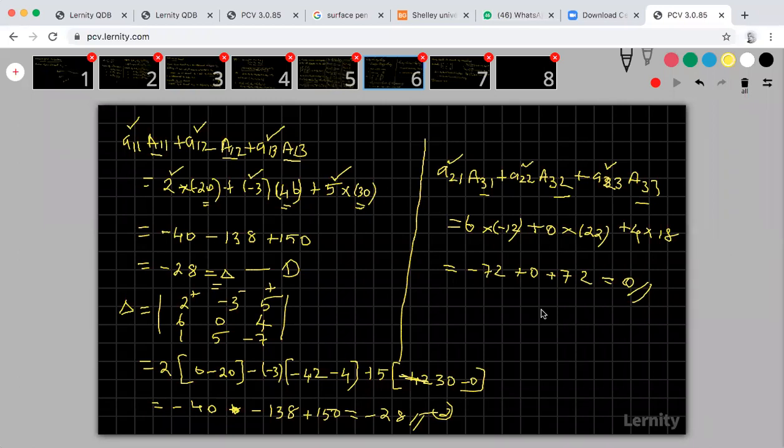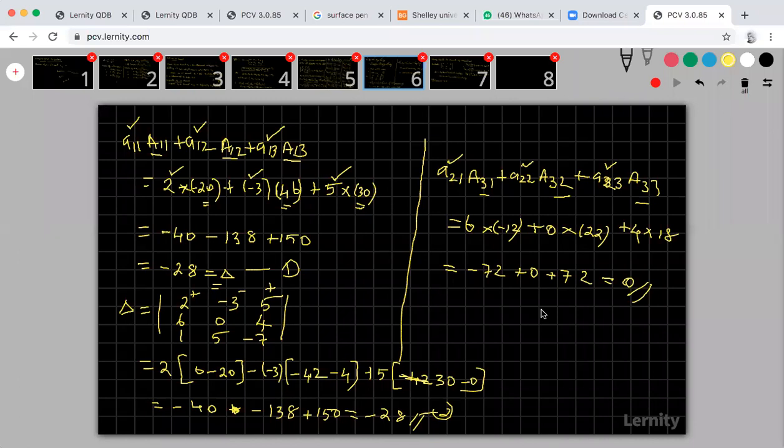The conclusion is, any row elements multiplied by its own cofactors and take their sum, that sum is equal to the value of the determinant, not only any row, any column also. Suppose any row elements are multiplied with other row or other column cofactors and we take their sum, the sum is always 0.